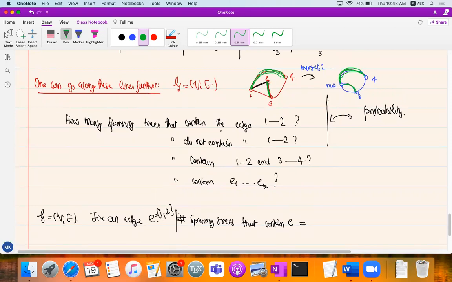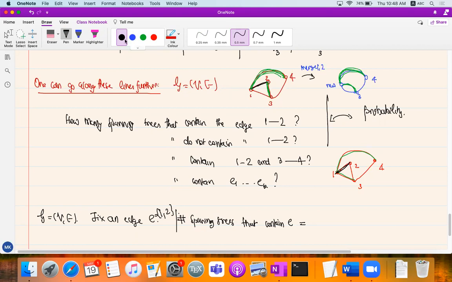For example, suppose I take the spanning tree which contains 1, 2, and 1, 3, and 1, 4. 1, 2 is supposed to be there, so I mark that in black.